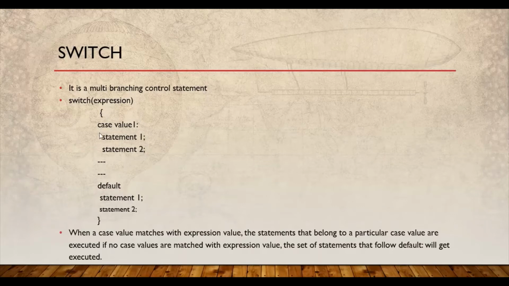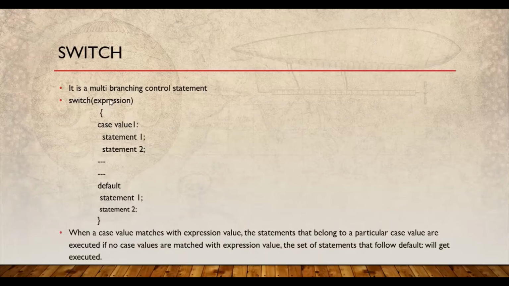Now see here how many keywords are there. Now this switch is a keyword and this case is also a keyword. This default is also a keyword. So switch, case and default, these three are keywords here. Now this expression, what is an expression?